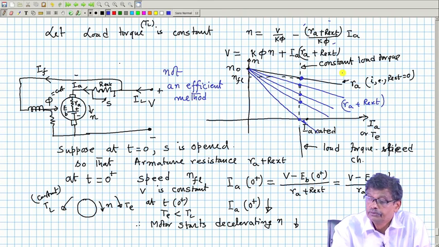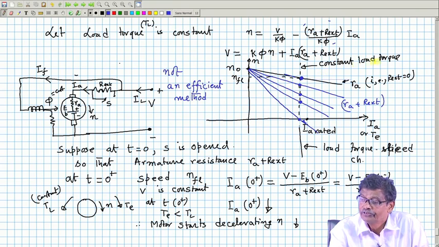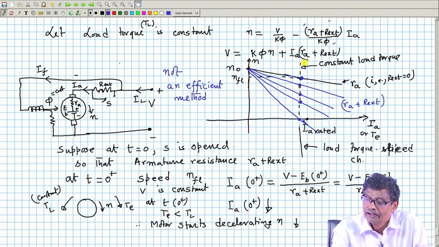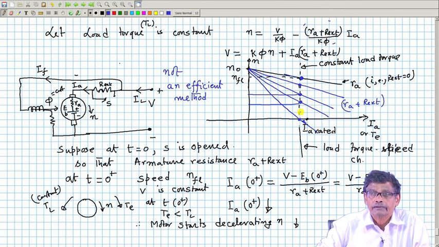But if you want to control the speed down to 0 by connecting an external resistance in the armature circuit, you can do that, because the torque speed characteristics of the DC motor can be modified. If it is constant load torque, you can run it at different speeds, down to 0 speed even.